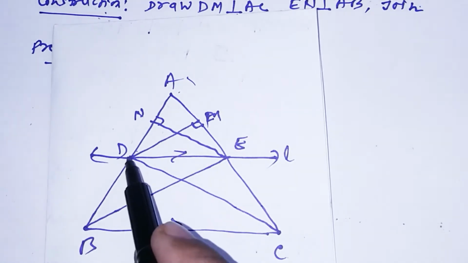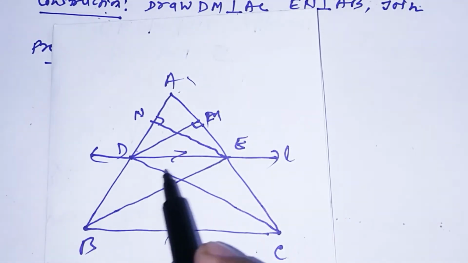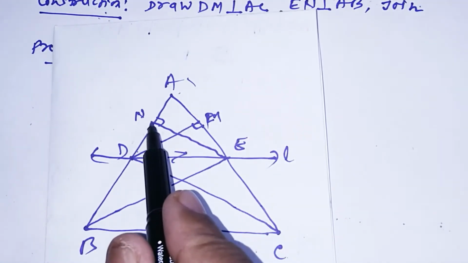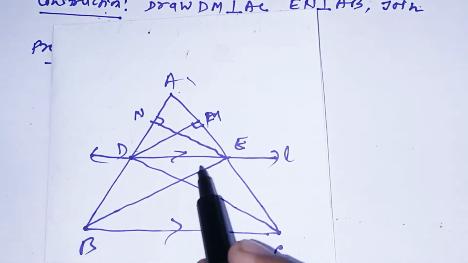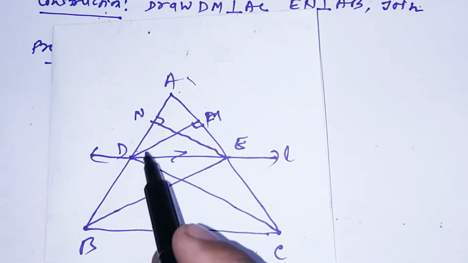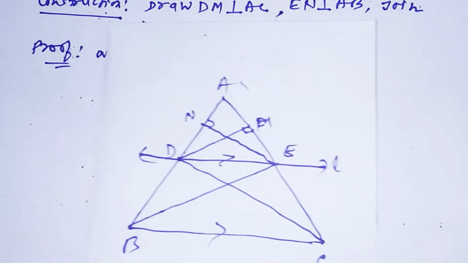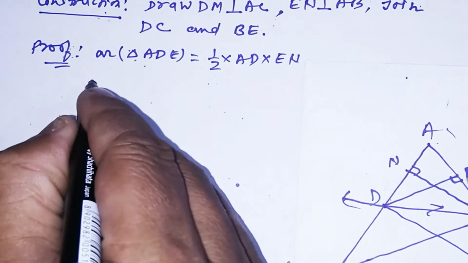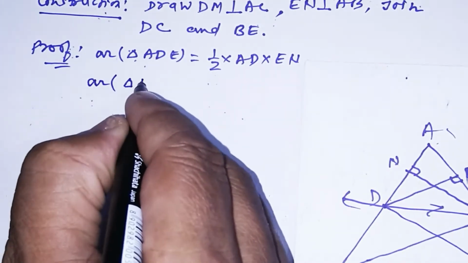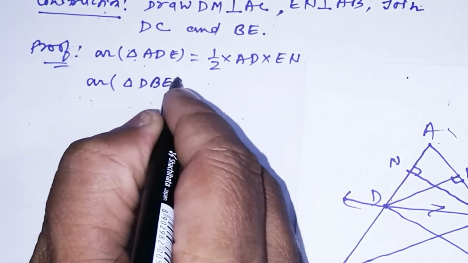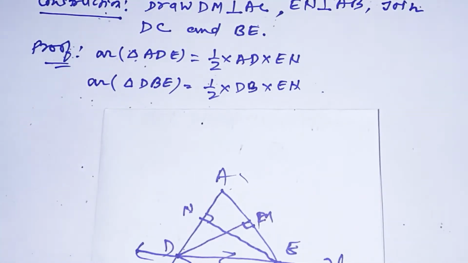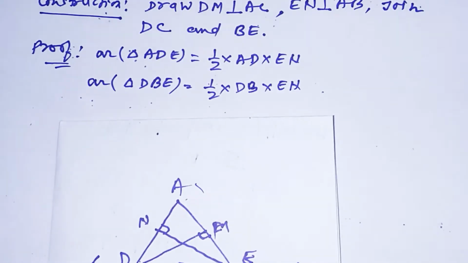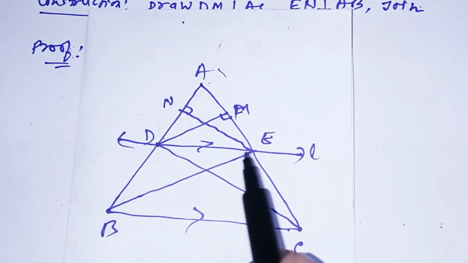For this, if we consider DB as a base, then the perpendicular from the opposite vertex is EN, so EN will be the height. So the area of triangle DBE is half into DB into EN, where DB is the base and EN is the height.